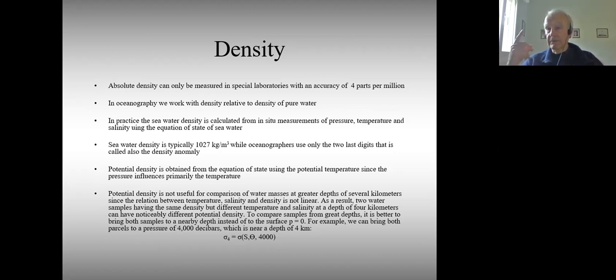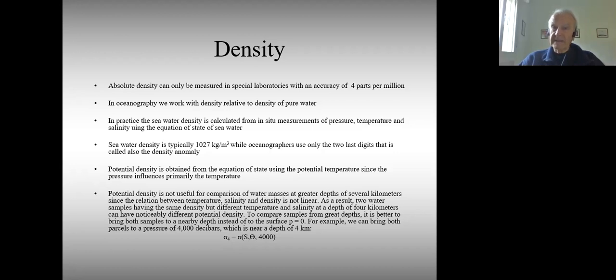So the pure water has a density of 1,000 kilograms per cubic meter, or 1 gram per cubic centimeter. And so we are working with the density relative to the density of pure water. As I said before, due to the dissolved material, the density of seawater is higher than the density of pure water.